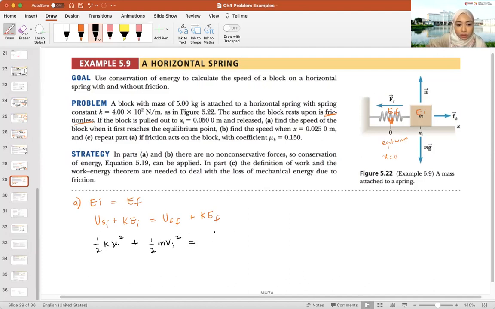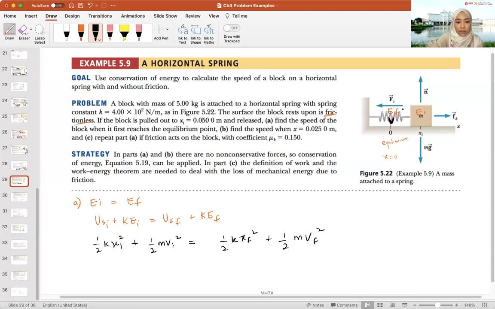This is going to be equal to, this is initial. And this is going to be 1/2 KX final squared plus 1/2 MV final squared. This final state is going to be at this point. This is very important to take note.